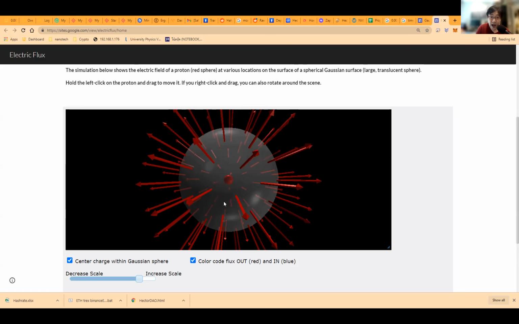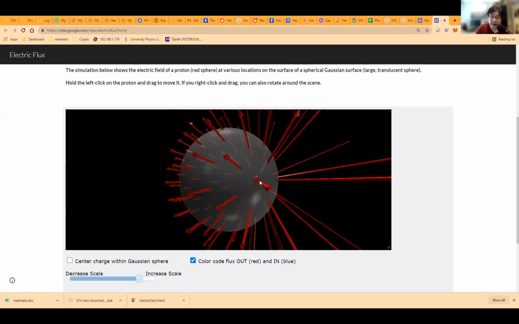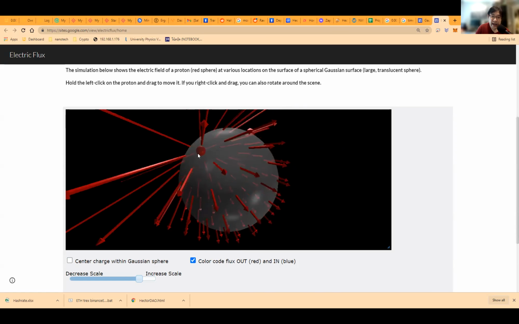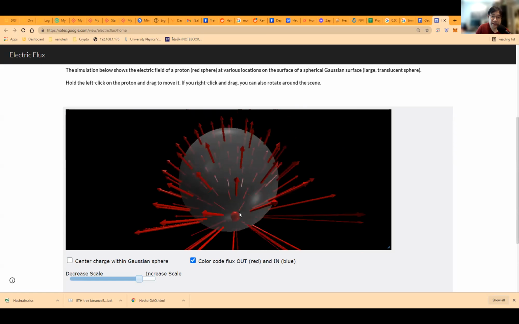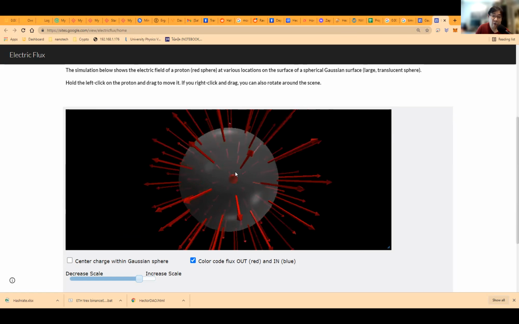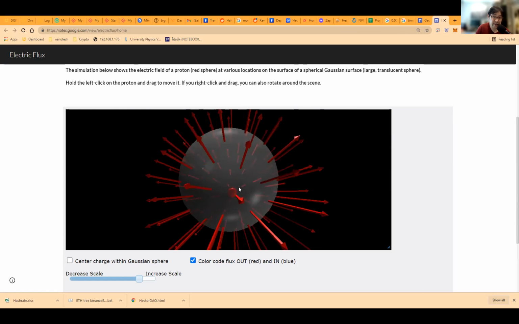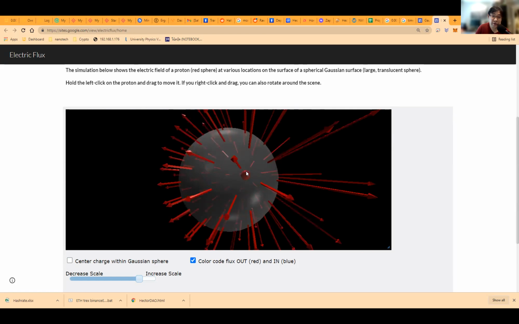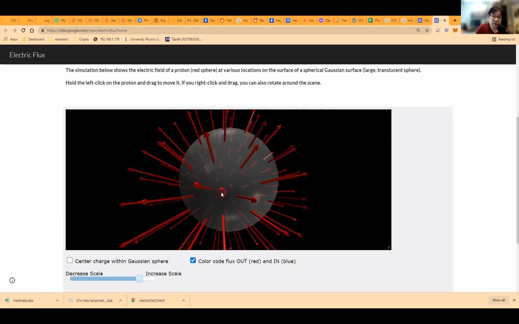But if it's not, I can move this thing around a little bit. No matter what, as long as my charge is still within that closed surface, I always get net positive flux no matter where I move this charge around. You still have net flux trying to come out from the enclosed volume.